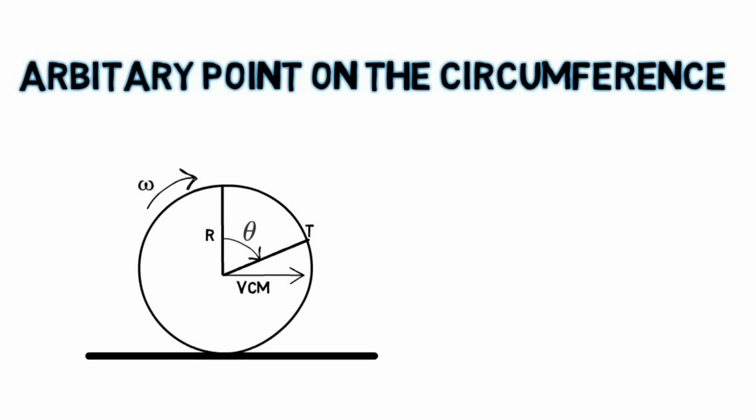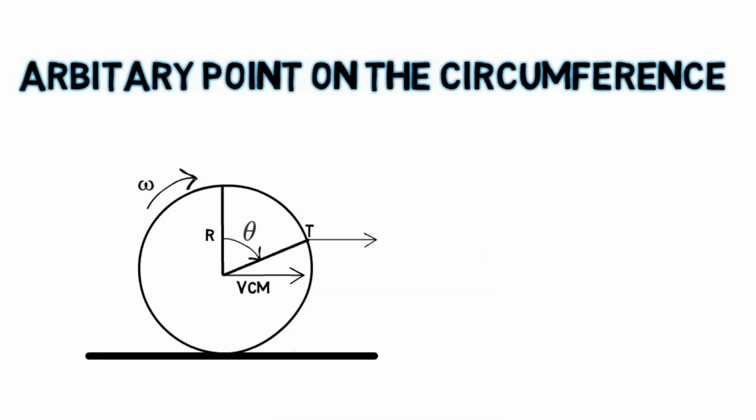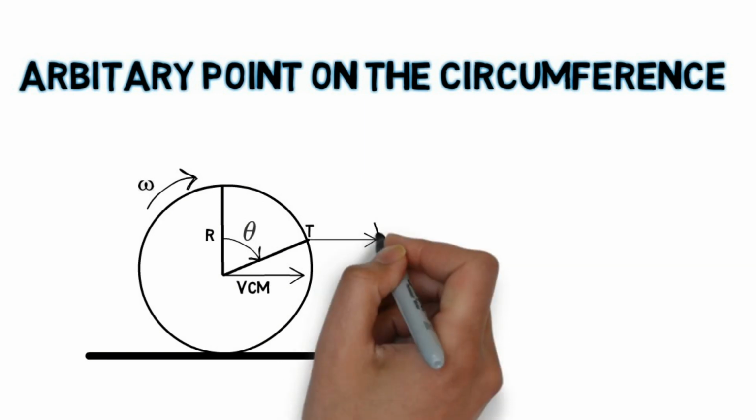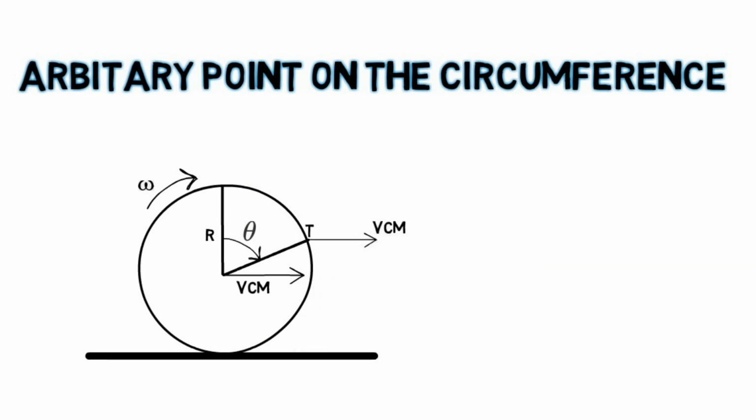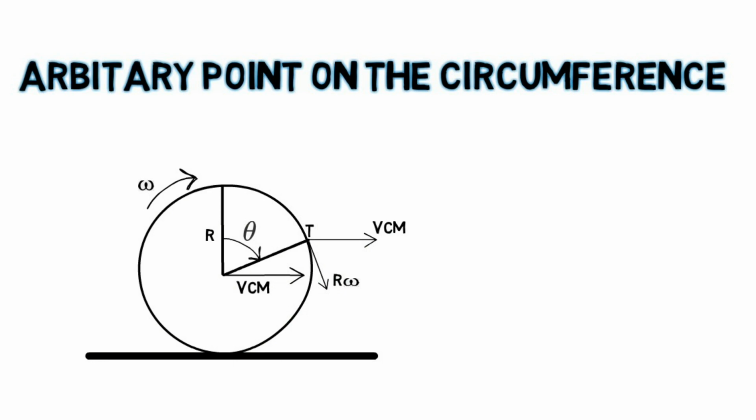So it creates an angle theta with the vertical line, or you can say the vertical radius. So for this, again, we have the velocity of center of mass VCM acting in the forward direction from T, and the velocity due to rotation, that is r omega, acting like this, as you can see in the picture.